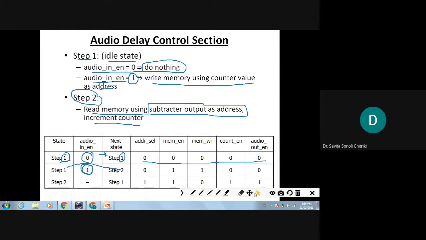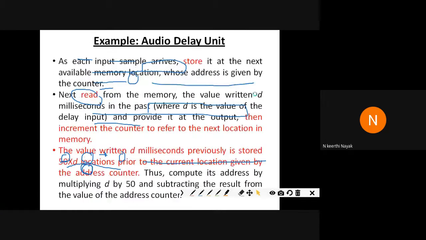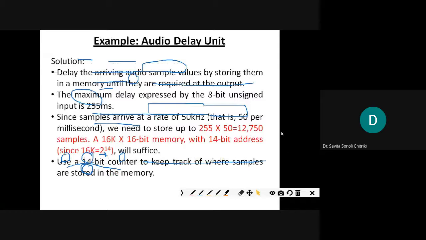Mux, ma'am. Not mux, the address select is connected to the mux. Counter, ma'am. Counter value. Directly from the counter.